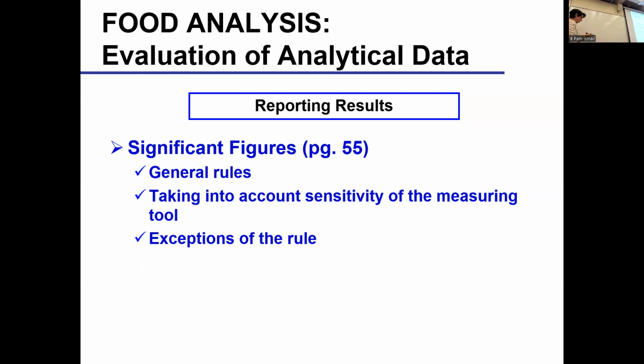All right, so you have determined the concentration of caffeine in your diluted sample to be 43.5 micrograms per milliliter, and this sample has been diluted 50 times.